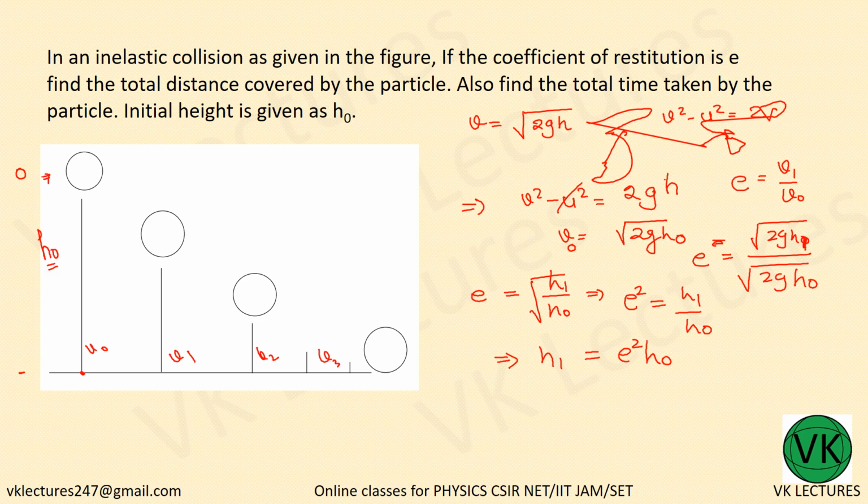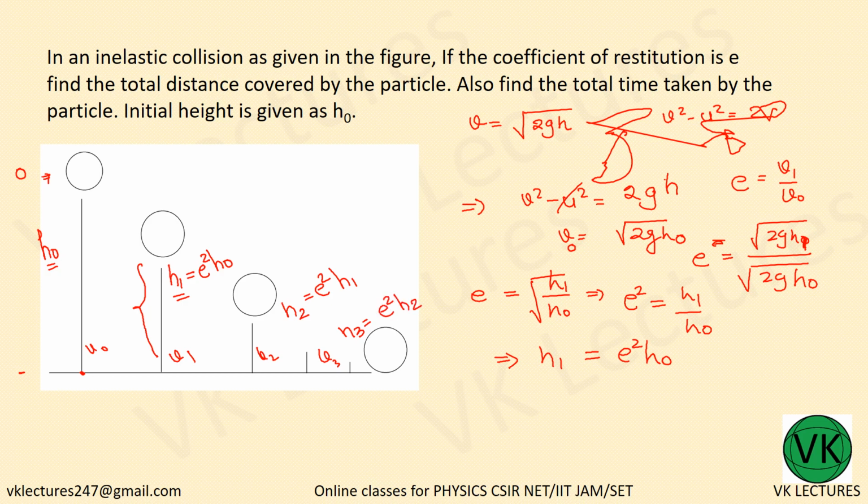That means the height to which this ball goes up is nothing but h1, which is equal to e square h naught. Now can you tell me what will be equal to h2 in terms of h1? It will be equal to e square h1. Here you will get h3, which is equal to e square h2.